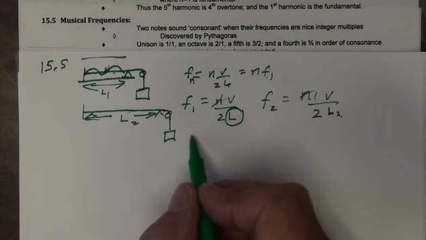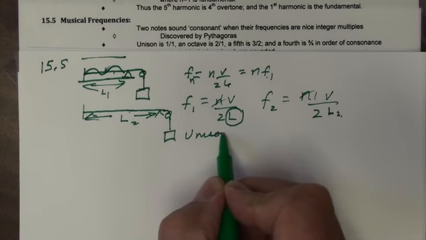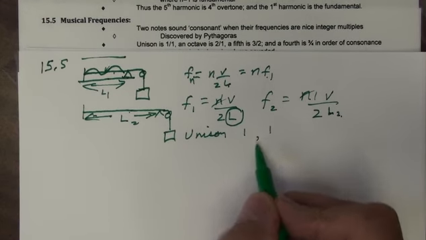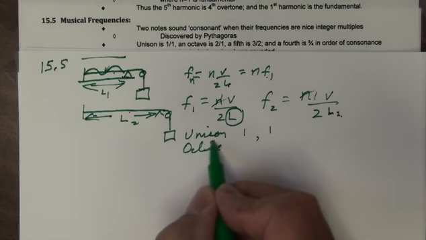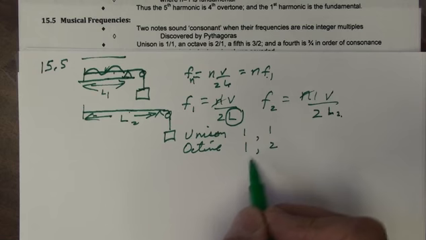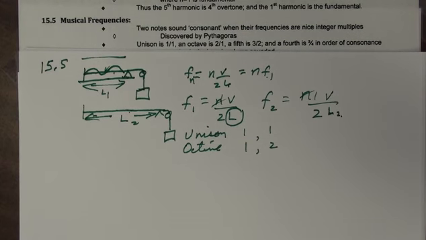In particular, unison is a 1-to-1. The 2 notes have the same frequency. An octave is 1-to-2. Now, I'm sure that all of you know what an octave is. And I have a very poor voice, but I'm going to attempt to explain what these sound like.